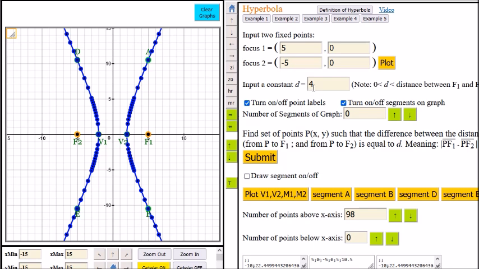In this case, we picked 4. And then generate all points such that the difference between the distances from the point to F1 and F2 must equal 4. Then that's how we get the points on the hyperbola.